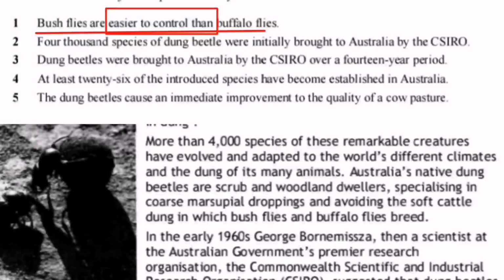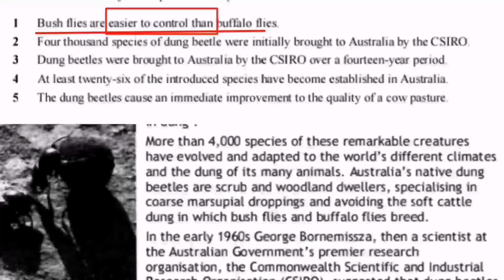Australia's native dung beetles are scrub and woodland dwellers, specializing in the coarse marsupial droppings and avoiding the soft cattle dung in which bush flies and buffalo flies breed.